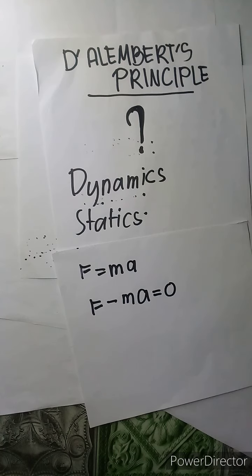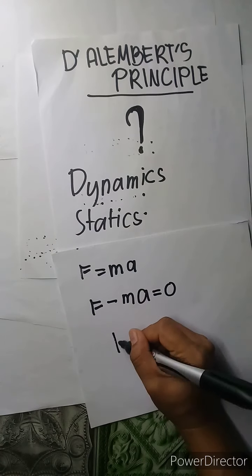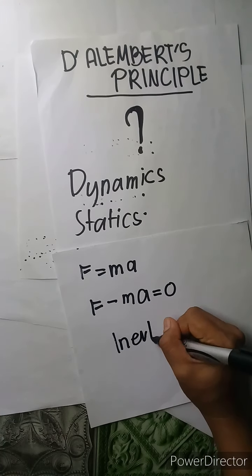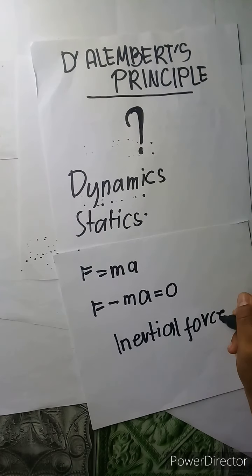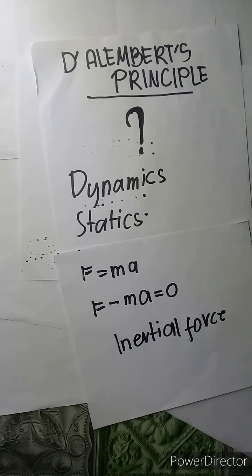In other words, the body is in equilibrium under the action of the real force and the fictitious force. The fictitious force is called an inertial force, or reversed effective force.